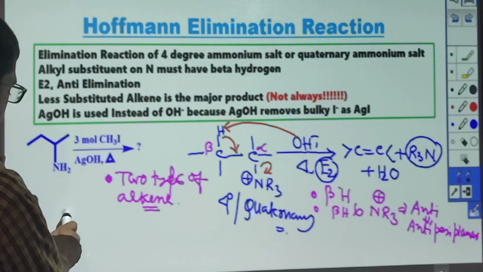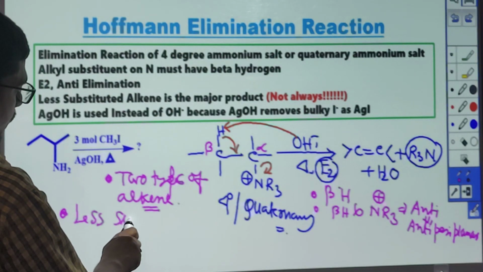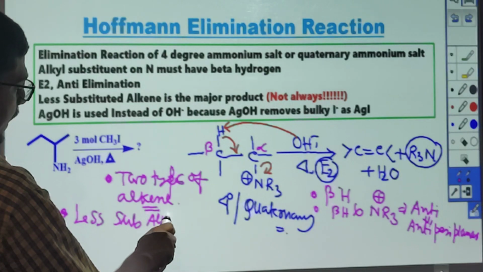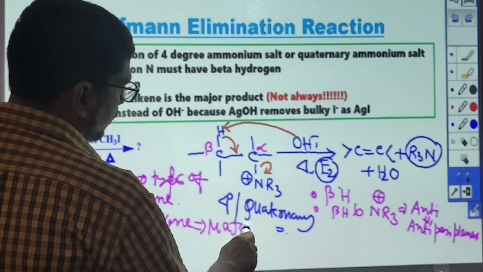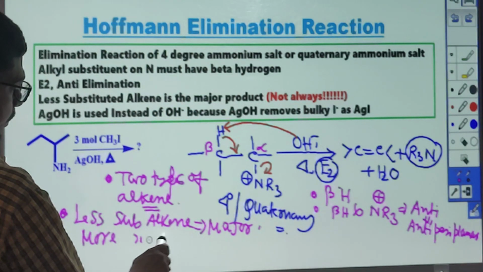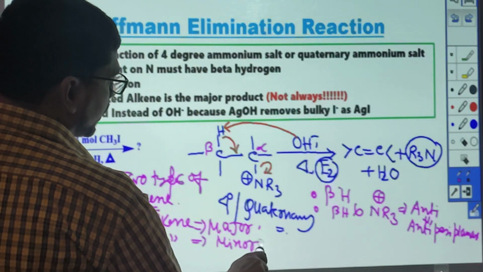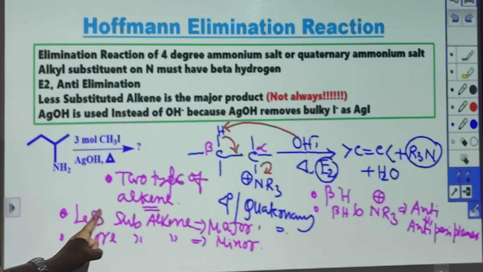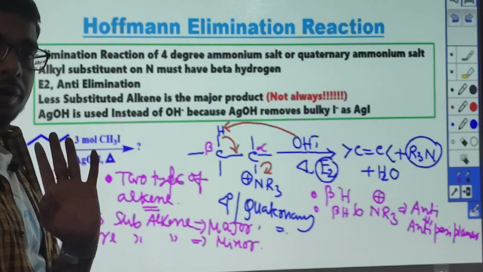In Hoffmann elimination reactions, the less substituted alkene will be our major product and the more substituted alkene will be the minor product.